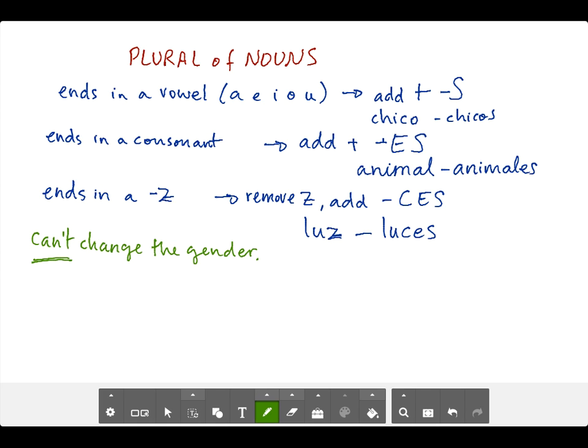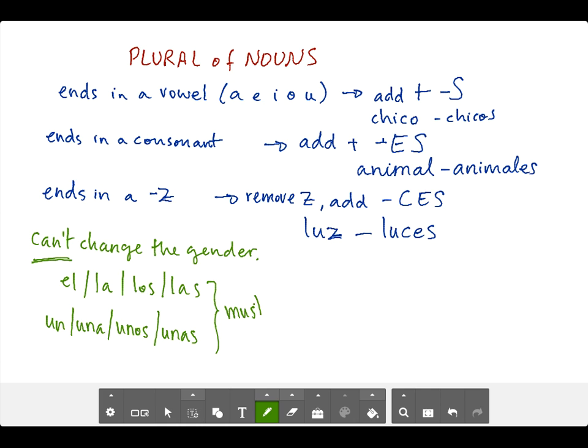And the articles el, la, los, las, or un, una, unos, y unas must match in gender and number, masculine or feminine, singular or plural, with the noun.